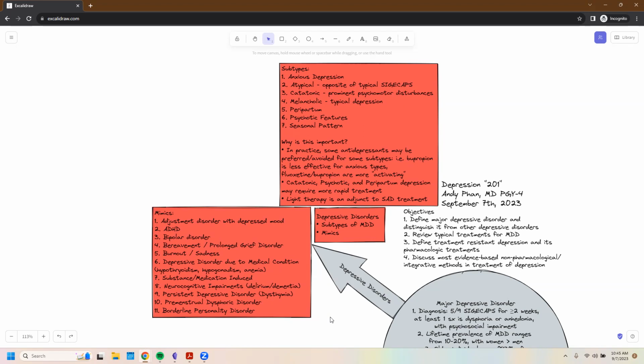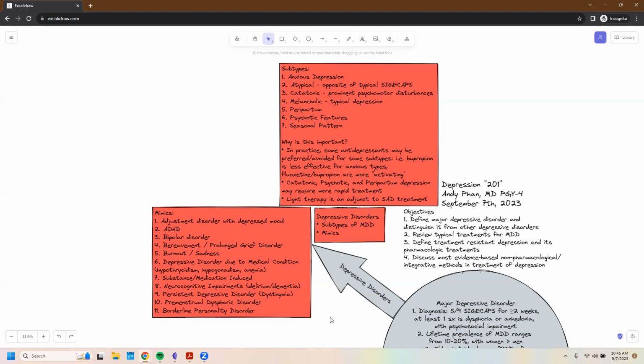Let's see. Depressive symptoms in the setting of cancer: when may it be considered MDD, or does it fall outside of the normal reaction or consider treatment? Yeah, that's a tough question. I would say you can have both, like a depressive disorder due to cancer, but then it also leads to the other SIGECAPS criteria.